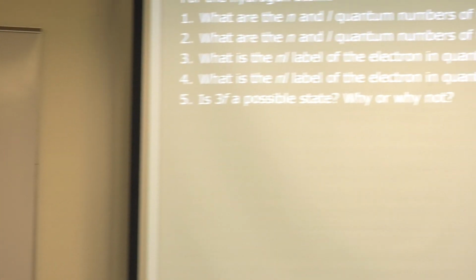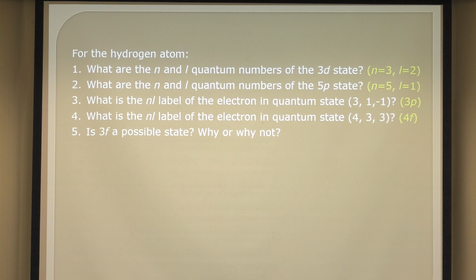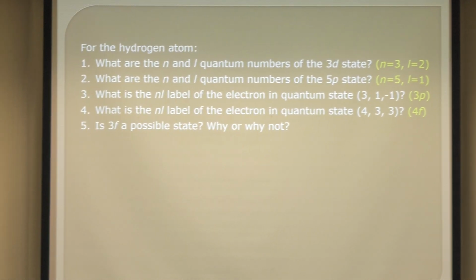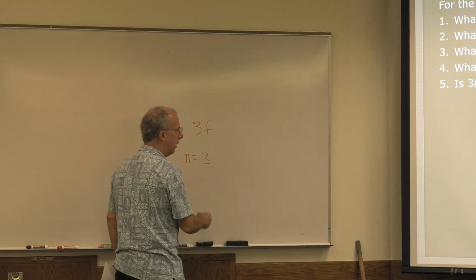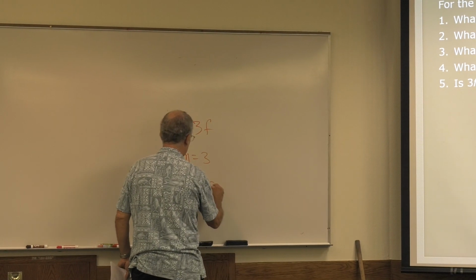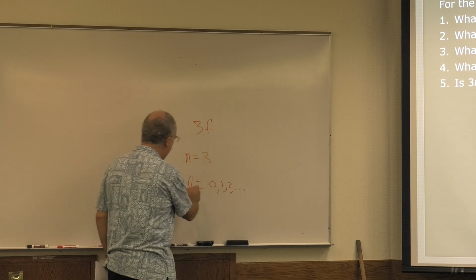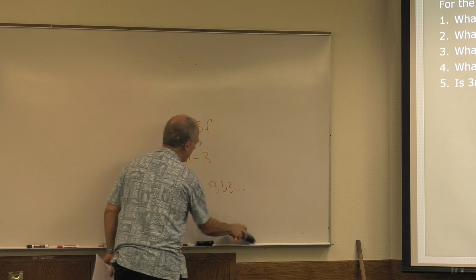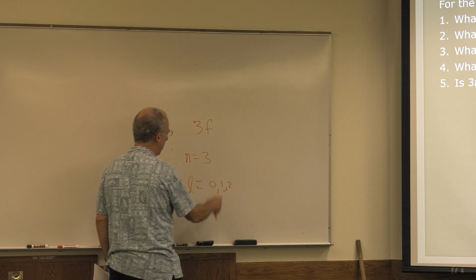Now the question: is 3F possible? So 3F means n equals 3. That means L is 0, 1, 2. Now wait a second. L goes to n minus 1. Well, n minus 1 is 2, so the only possibilities for L are 0, 1, 2.